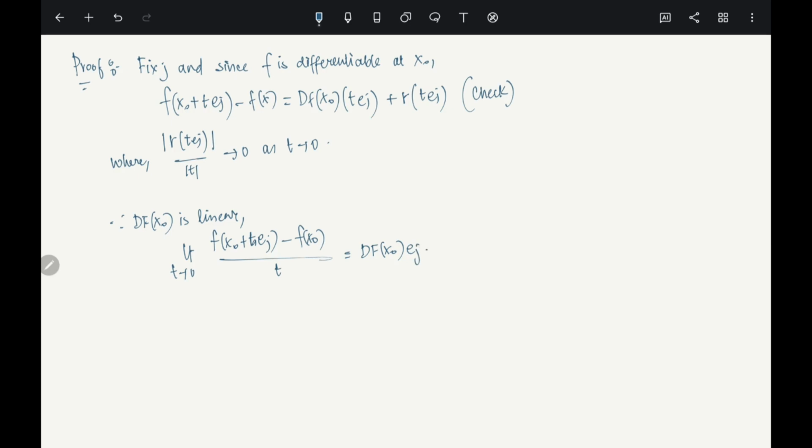Clear? Now you just represent f in terms of components. Since f is in terms of components, f is f1, f2, up to fm, right?